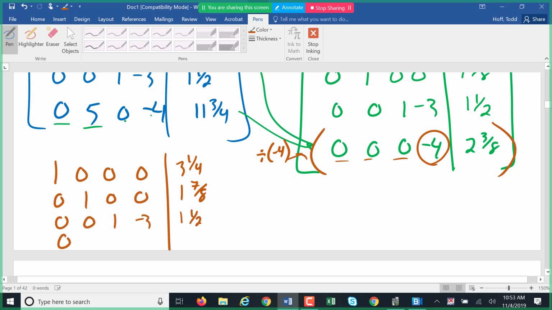That bottom row becomes 0, 0, 0, 1. That 2 3/8 divided by a -4. That's 19/8 times -1/4. That's -19 over 32.